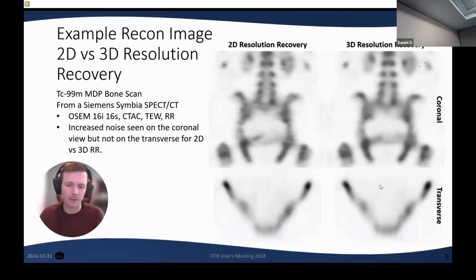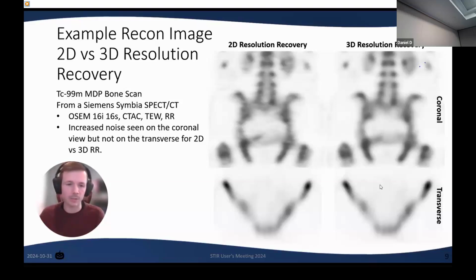And so it seems to be an artifact of the limit of the 2D resolution recovery factors, and that noise effectively goes away when you implement the 3D resolution recovery approach. So once again, you're seeing similar noise characteristics across the two transverse images, but improved noise characteristics along changes in the Z position in the images. That's kind of an indication for us that that's definitely the approach that needs to be used.